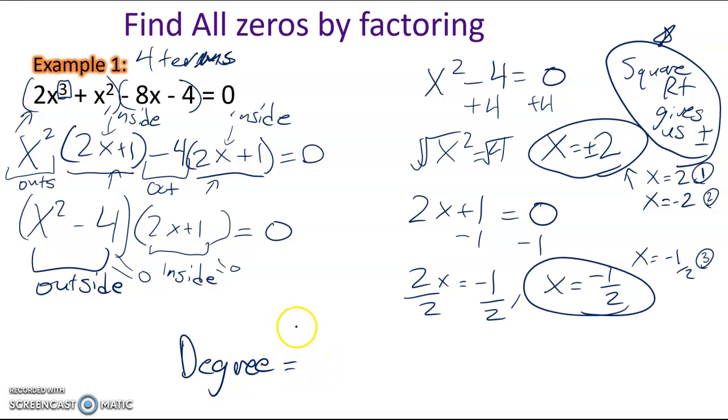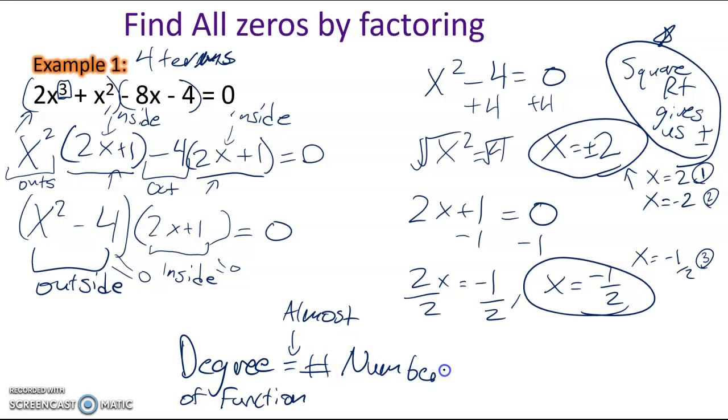The degree of your function almost equals, and I say almost equals, the number of answers, the number of solutions. I say almost because it's not always going to be that. Sometimes, but a lot of the times with the functions we're dealing with, the degree of the function is going to equal the number of solutions.